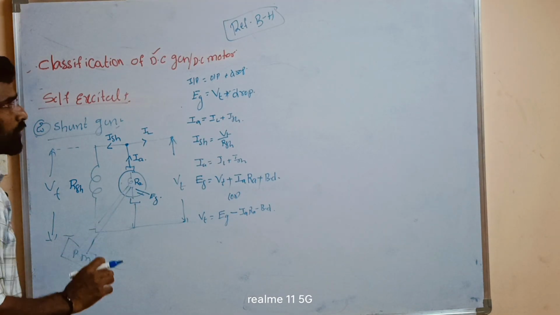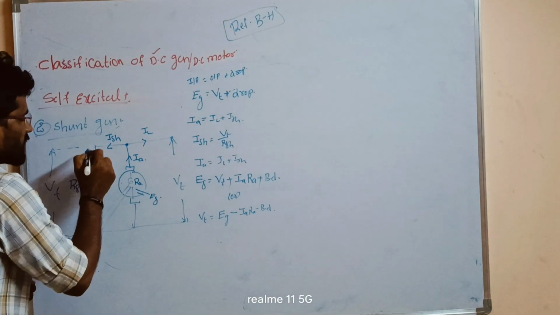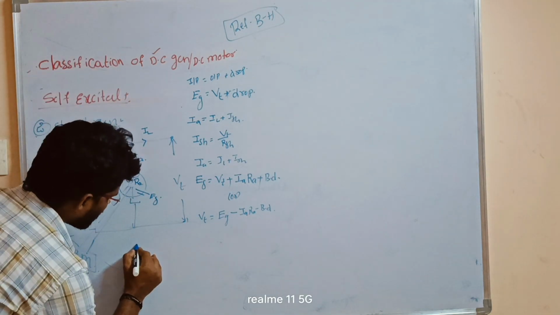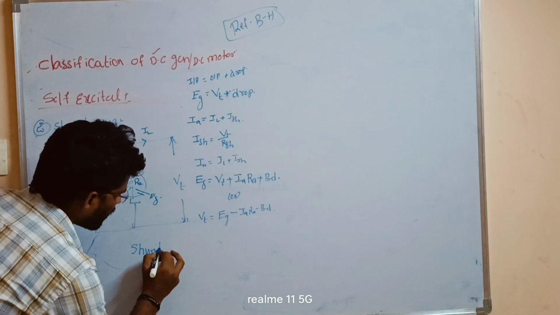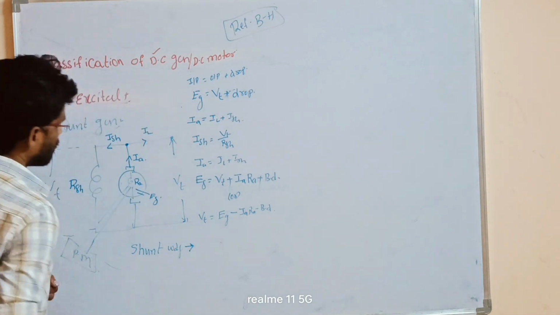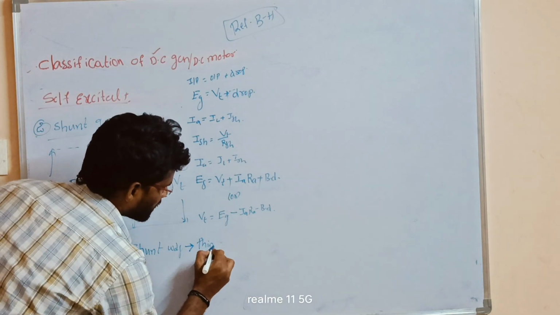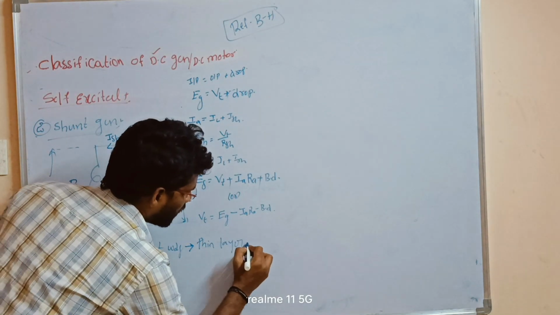One thing we can observe in series and shunt. The shunt winding is always a thin layer with more turns.